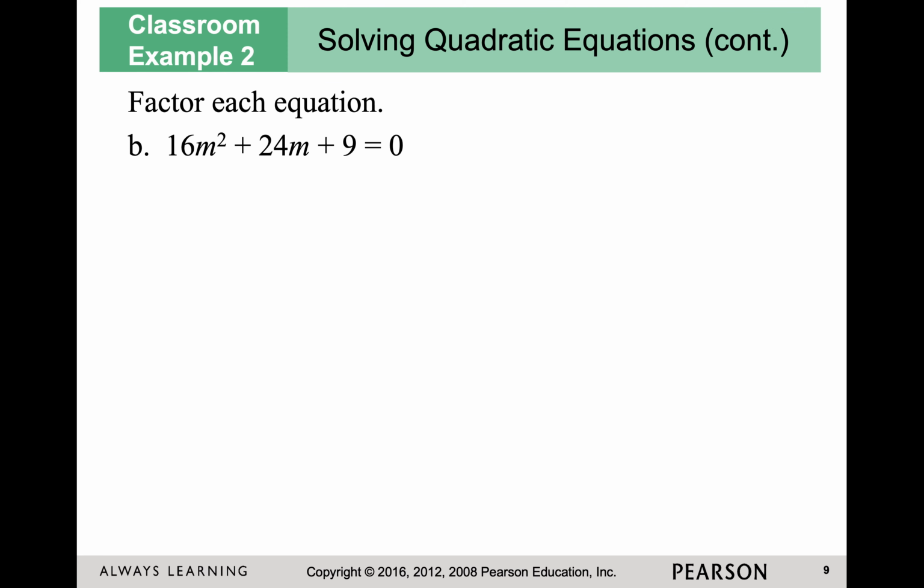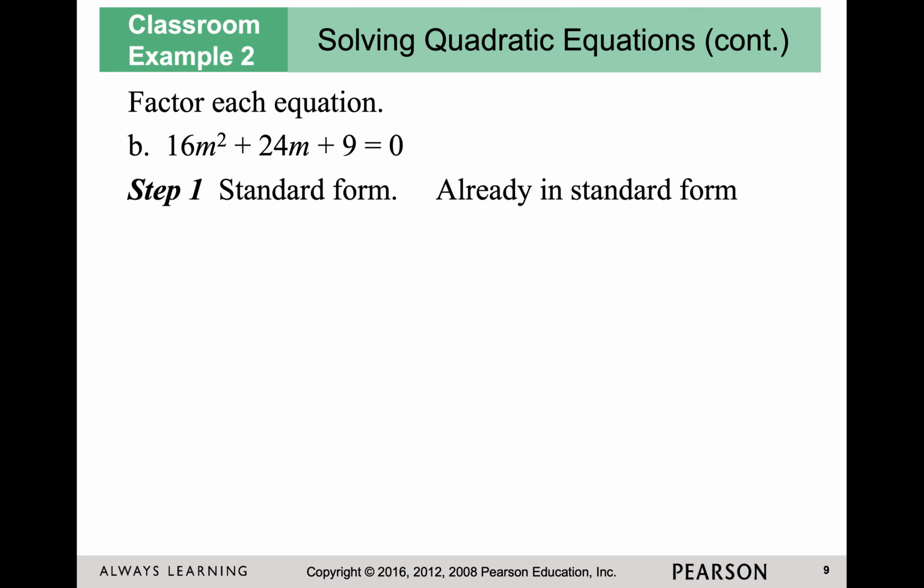Here's another example. It's already in standard form, but I can probably factor out something to make my life simpler. So I can factor out a value, or I could see that 16 and 9 are perfect squares and that 24 is 2 times 4 times 3. So I could apply the perfect square trinomial formula.